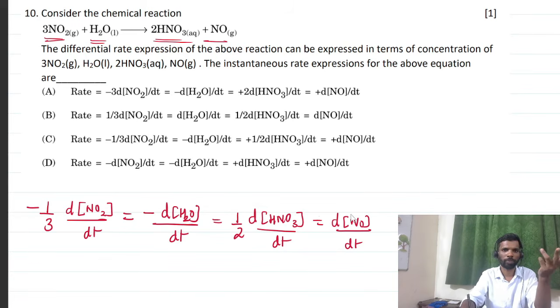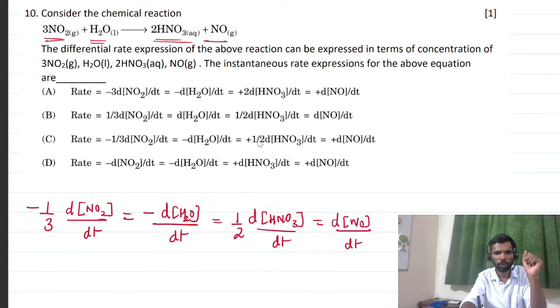So match the answer. Answer is not this one. Minus 1 by 3 dNO2, minus 1 by 2. So the answer is option C for this. Very simple question. Don't lose marks for this type of questions.